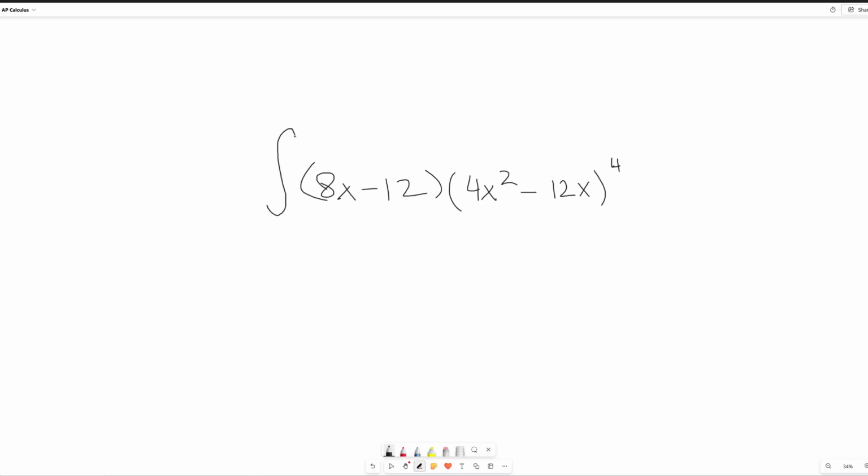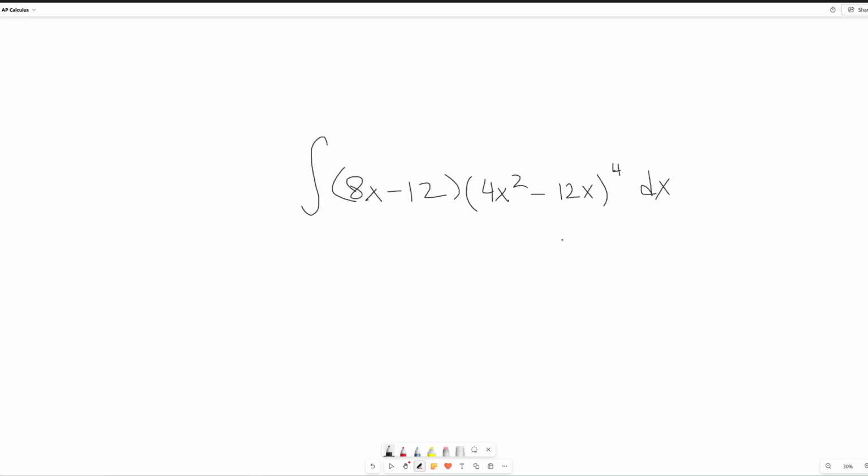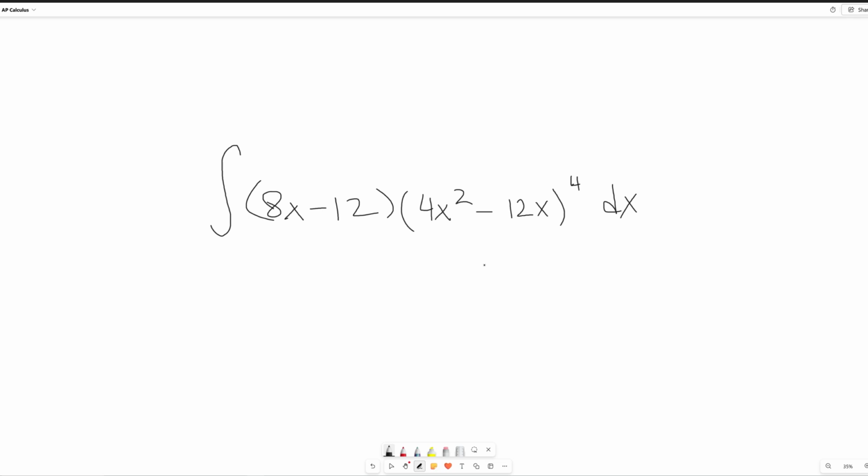So if we wanted to integrate this, in theory, you could multiply all of this out. But that's ridiculous. I mean, you have to the 4th power over here. That's gonna take you so long to multiply it all out, and very easy to make mistakes when you're doing that much multiplication.